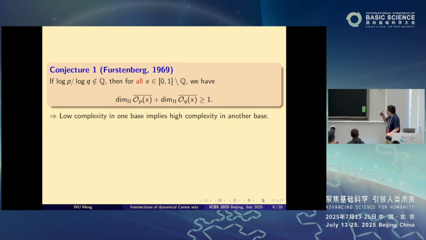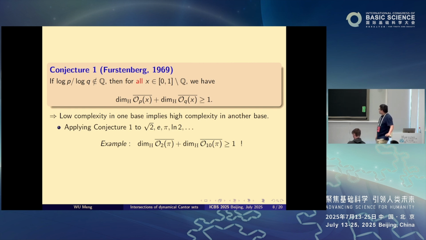I will not have much to say about this conjecture. Now we know that this conjecture holds outside a zero-dimensional set of x, but that's all. And of course, the real point is that this should hold for all irrational numbers.